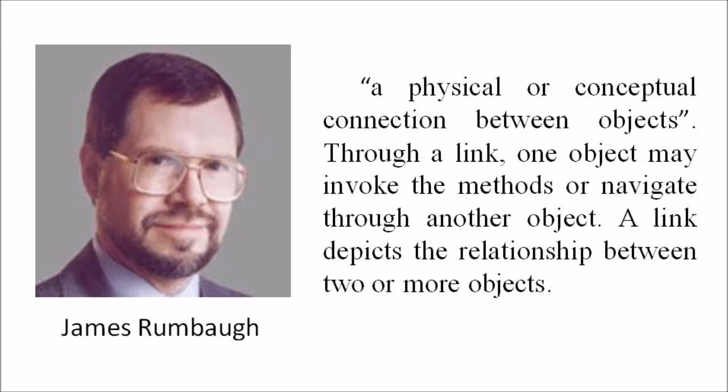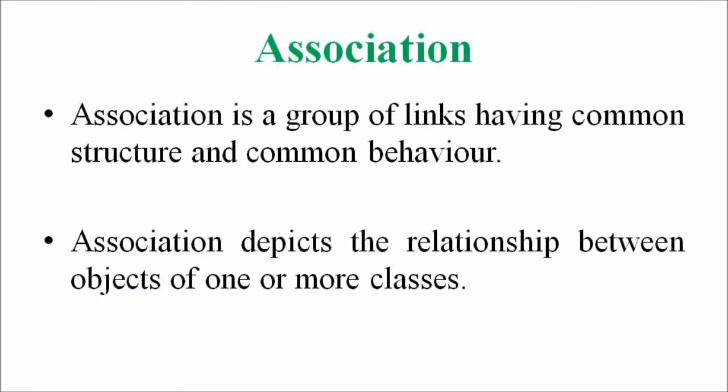A link depicts the relationship between two or more objects. The next term is association. Association is a group of links having common structure and common behavior. Association depicts the relationship between the objects of one or more classes. A link can be defined as an instance of an association.